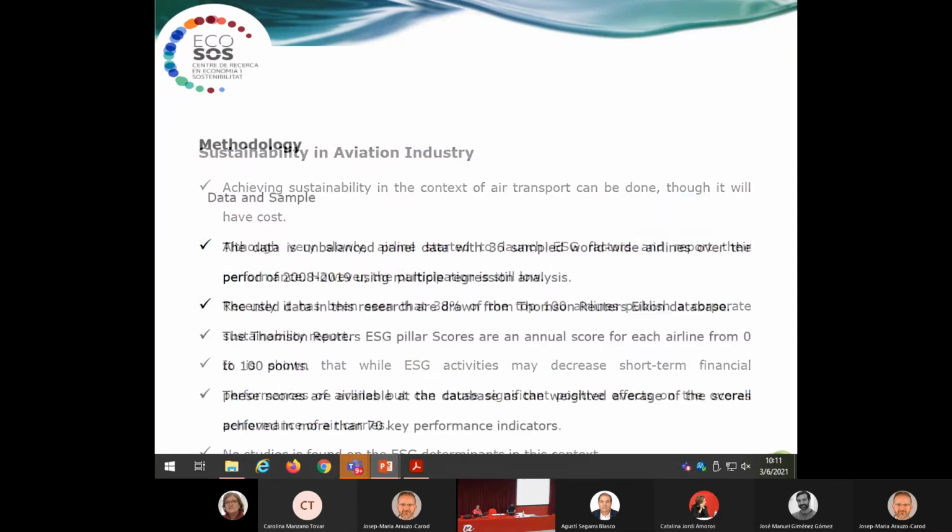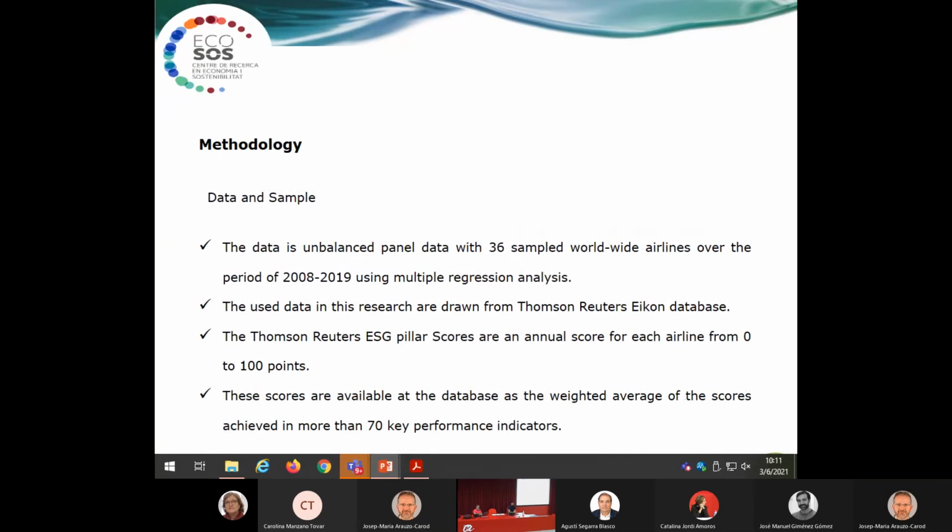This is sustainability in industry. The methodology I use is from an economic perspective: panel data econometrics. I use data for a sample of 36 major airlines, retrieved from the Thomson Reuters Eikon database for the period of 2008 to 2019.